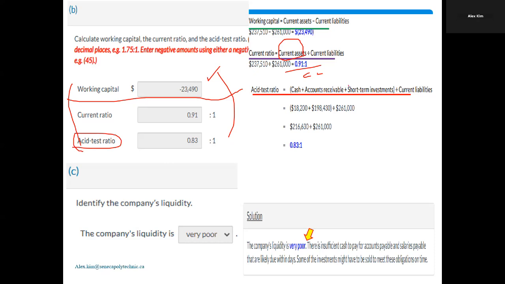The acid test ratio only includes cash, accounts receivable, and short-term investment, which we can cash very quickly, over current liabilities. Okay? A more strict liquidity ratio.